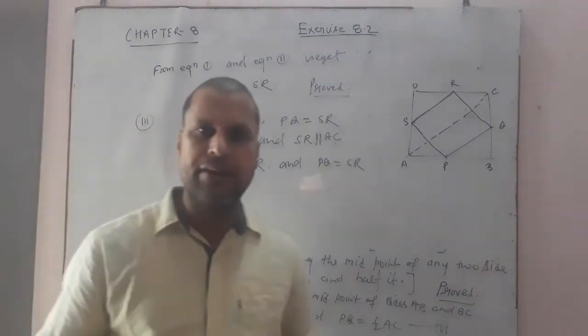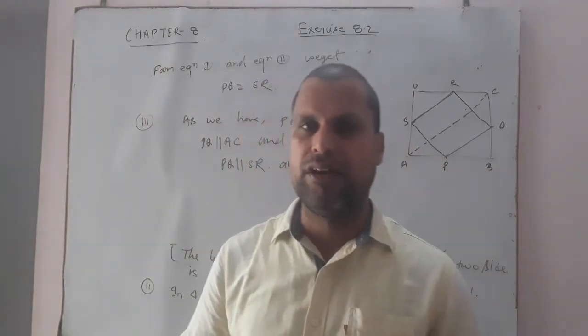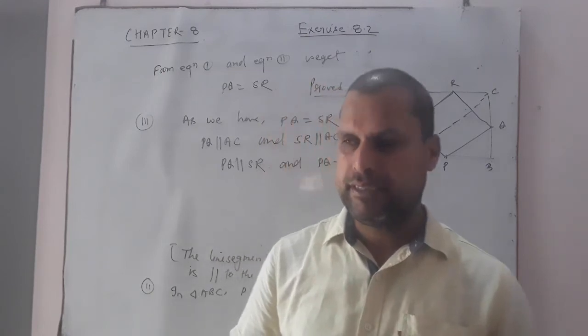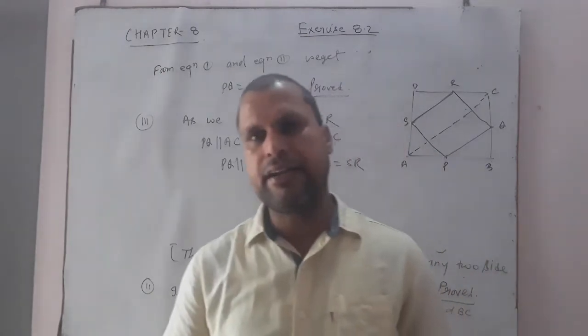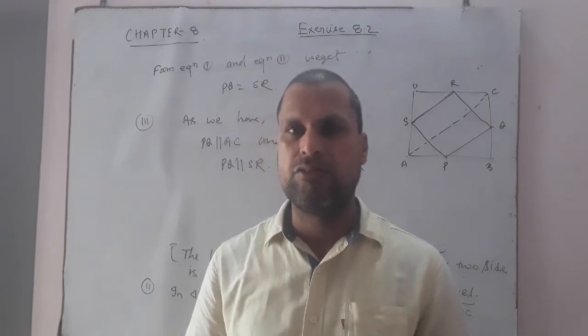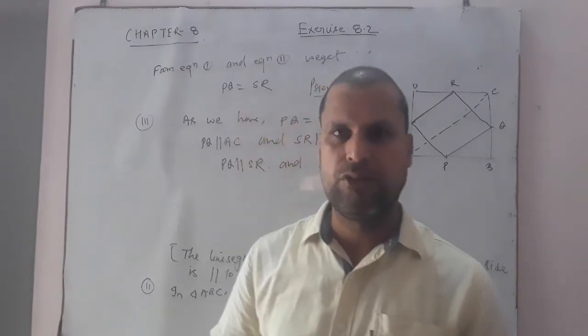By the definition of parallelogram, if one pair of sides of a quadrilateral is parallel and equal, then the quadrilateral is a parallelogram. See once again, in a quadrilateral, if one pair of sides is parallel and equal, then the quadrilateral is said to be a parallelogram.